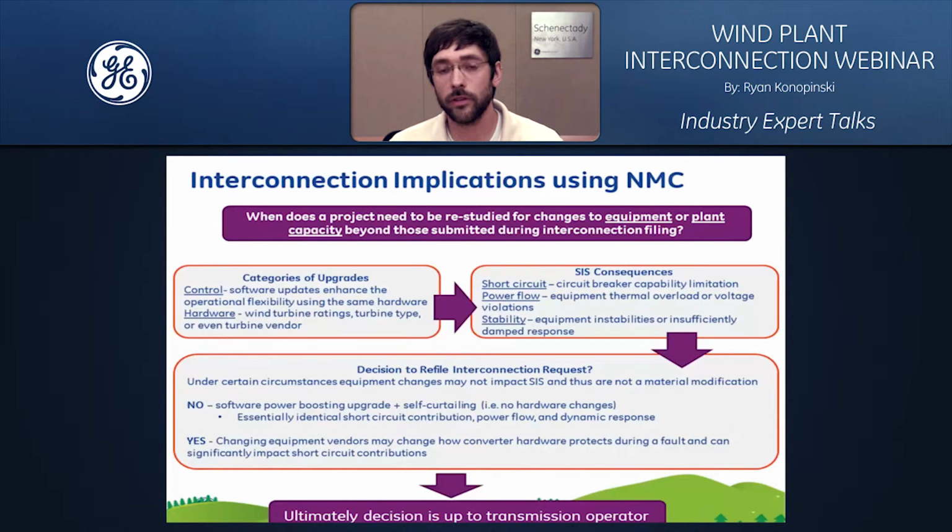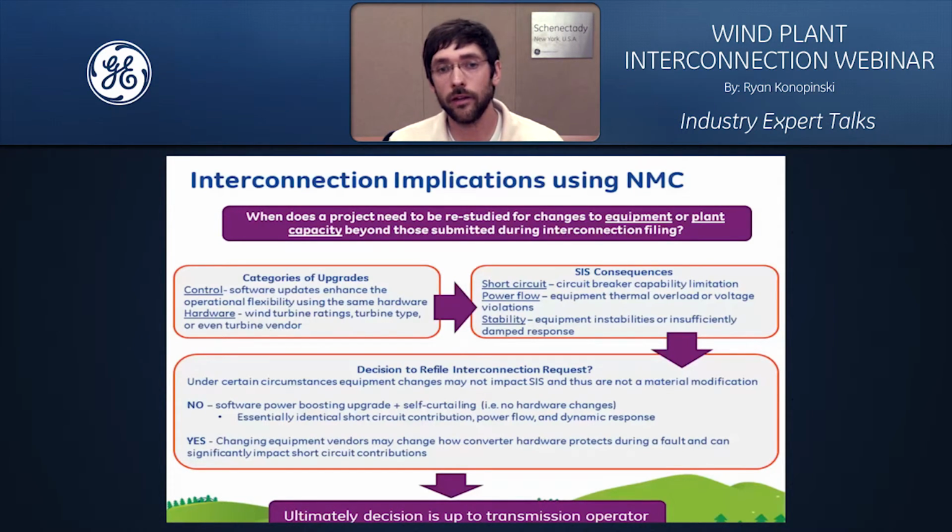Essentially, what the transmission provider is trying to evaluate is whether or not these upgrades would pose any additional risk beyond the original equipment that would have been proposed.